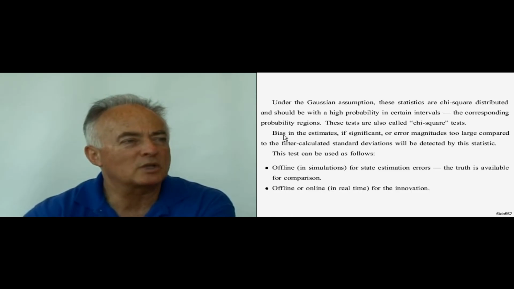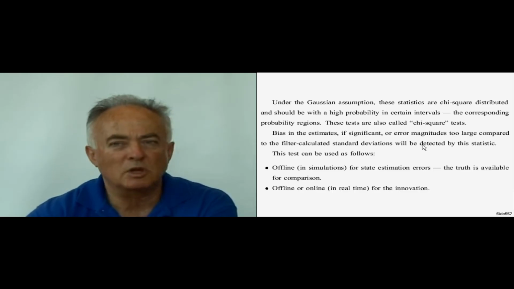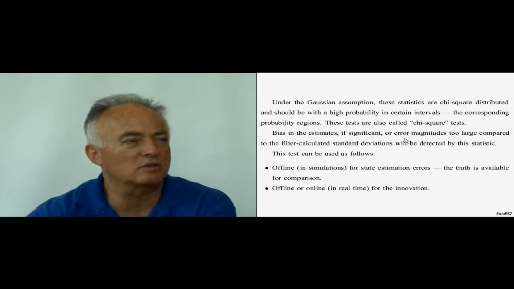If you have significant bias in the estimates or error magnitudes too large compared to the filter calculated standard deviations, these will be detected by the statistic. In this case, we can say the filter is optimistic because it thinks it is doing better than it actually does. Its filter calculated standard deviations are smaller than the actual errors.